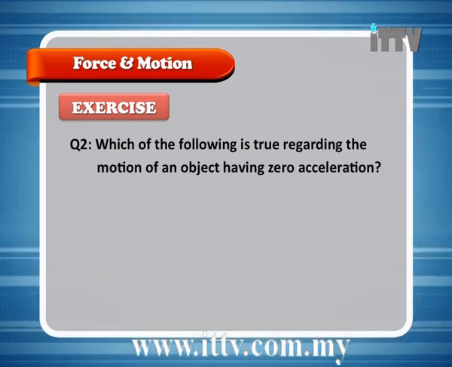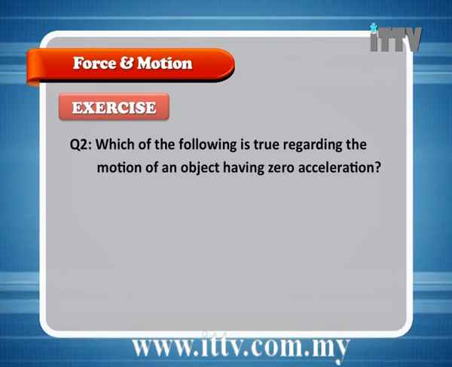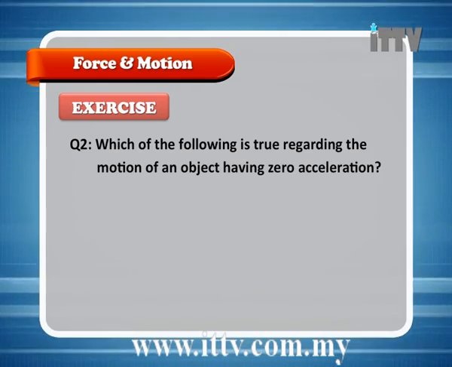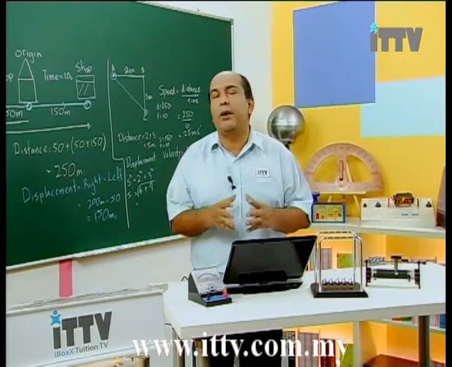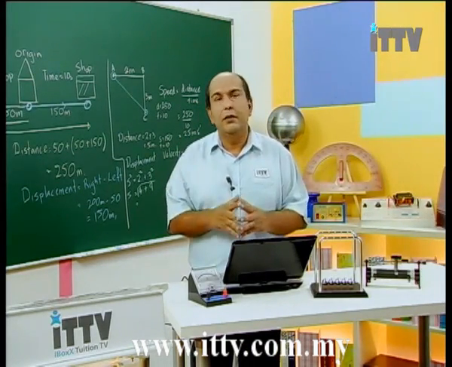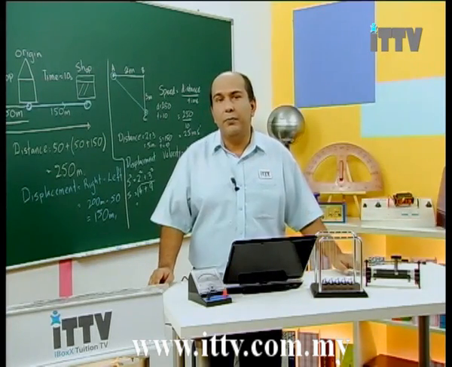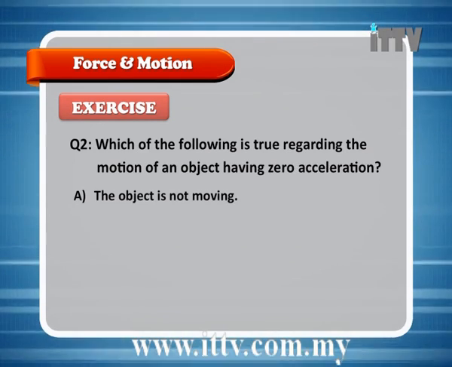Another question. Which of the following is true regarding the motion of an object having zero acceleration? Remember, if you have zero acceleration, what can you say about the velocity? Is the velocity increasing, decreasing, or is it uniform? A, the object is not moving.